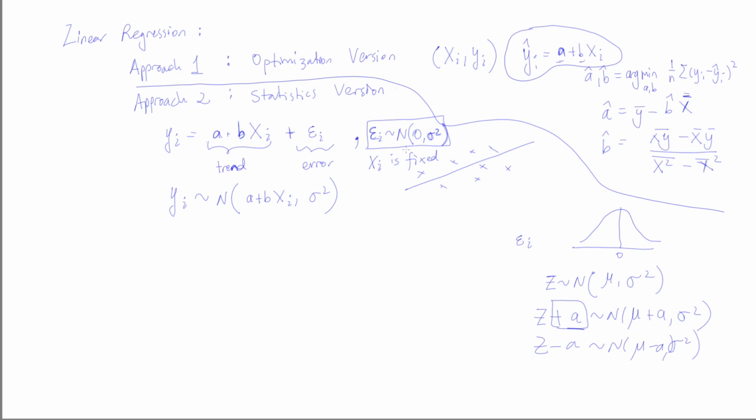Right? So you would have seen one of these two methods. You can either make the assumption that the error is normally distributed with mean 0 and variance sigma squared, or you can assume that Yi is this. They're both the same assumption. And the reason is if I add a constant number to a normal 0 sigma squared, all I'm going to be doing is shifting the normal from 0 to this a plus b xi.